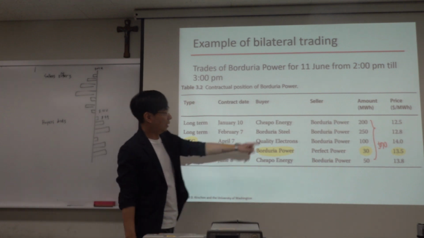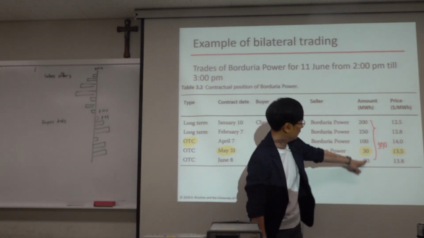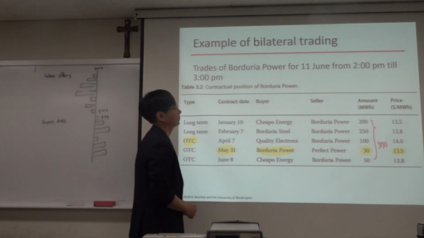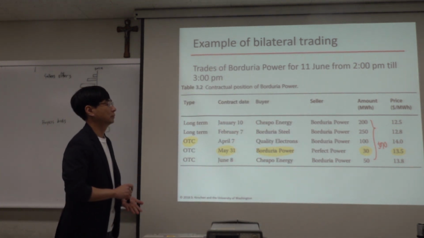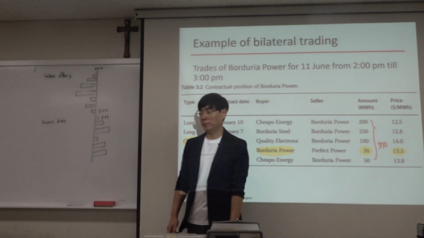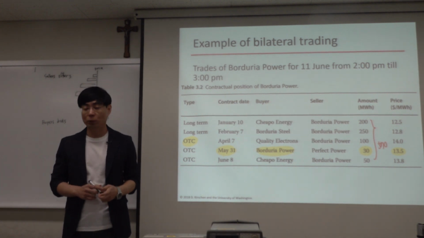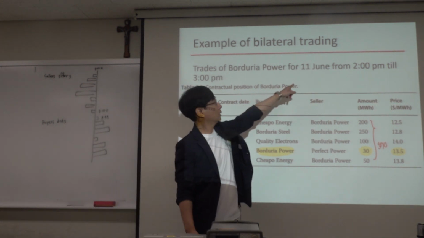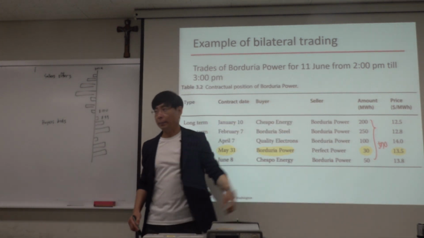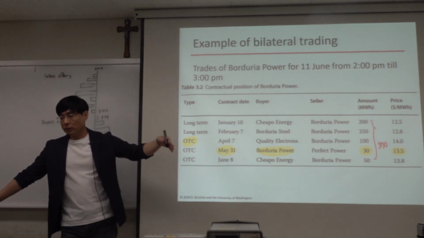Anyway, so for Bulgaria Power, totally, the sum of this is 600 minus 30, so 570 megawatt hour. This is the amount Bulgaria Power needs to deliver on June 11th at 2 p.m. Okay, and time goes on.